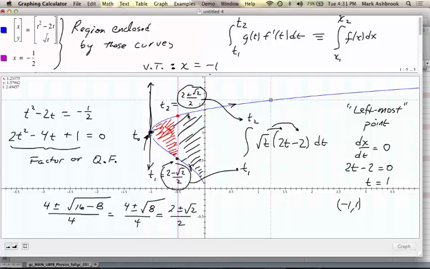Okay, how can we test to see if this is asymptotic? There are some questions in the web work: is there a horizontal asymptote as t gets very large? How could we check that? What limit? The limit as t goes to infinity of what? We're seeing if it's going to level off, right? Of y.